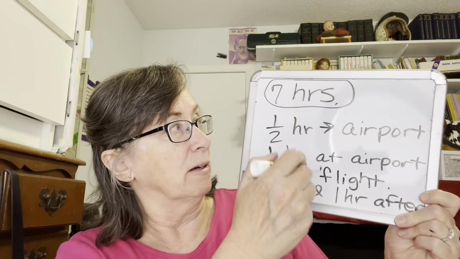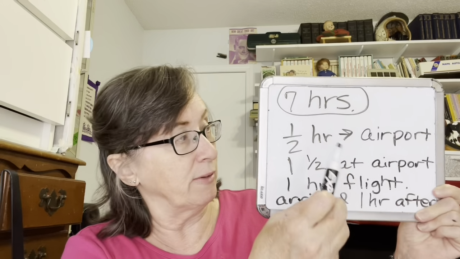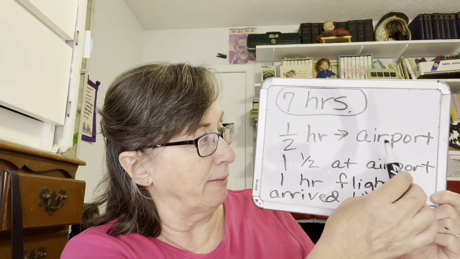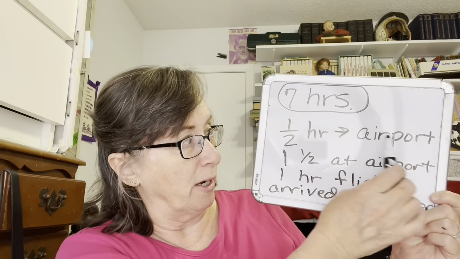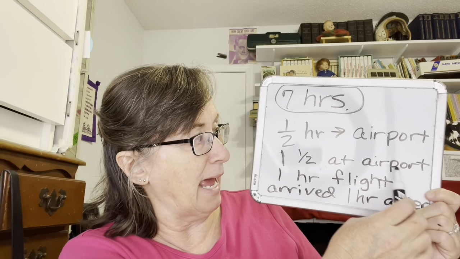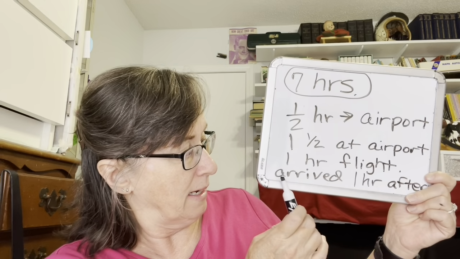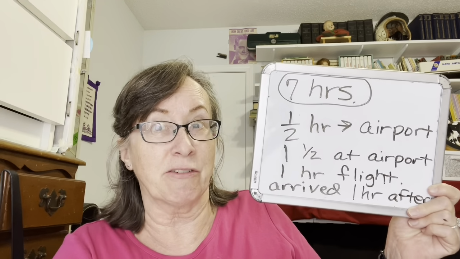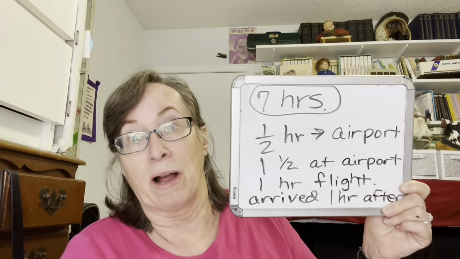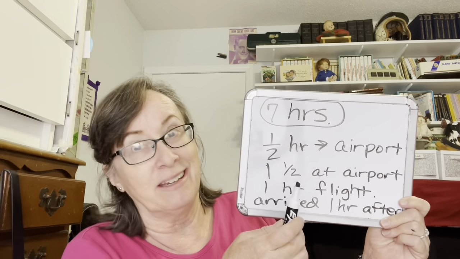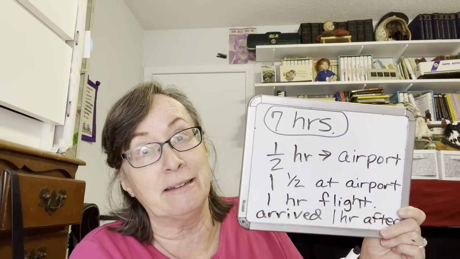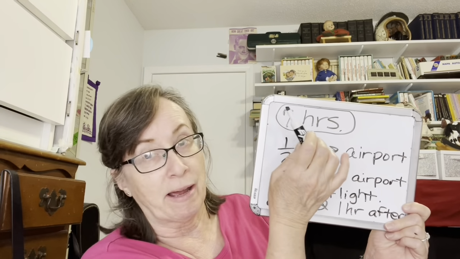Okay, now 7 hours was driving. We had 1/2 hour to the airport, 1.5 hours at the airport, 1 hour in flight, and then 1 hour between the end of the flight and his arrival at his destination. You know, you got to collect your bags, and then you got to get all that stuff and drive.